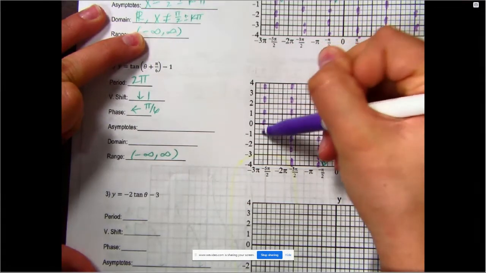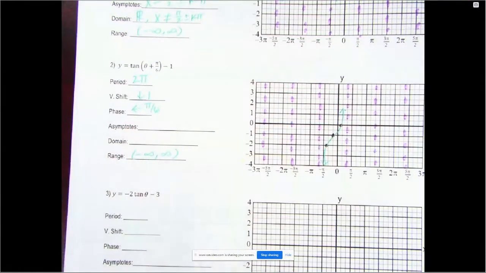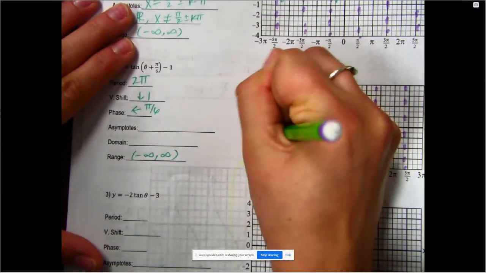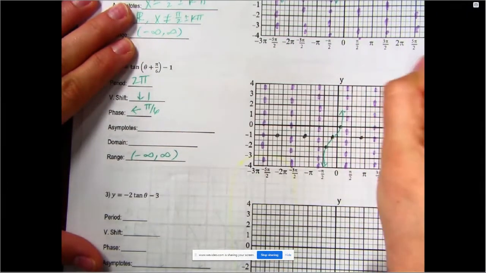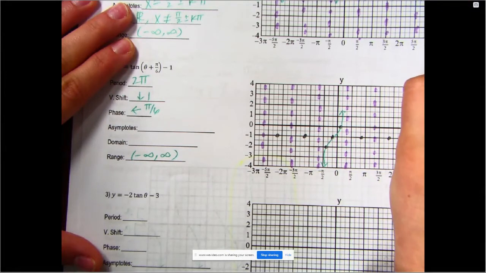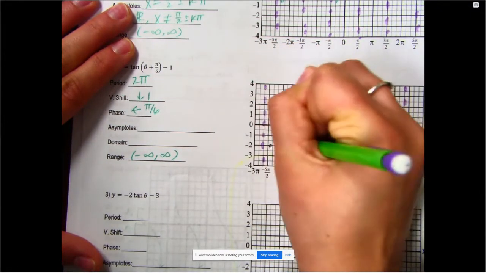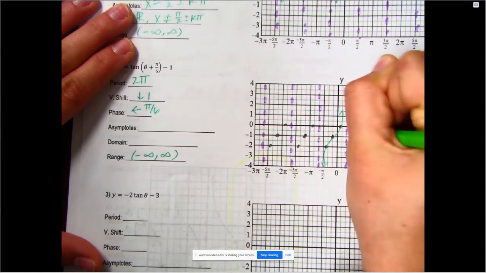We're doing this because remember the phase shift was to the left pi over 6. Up 1, down 1.